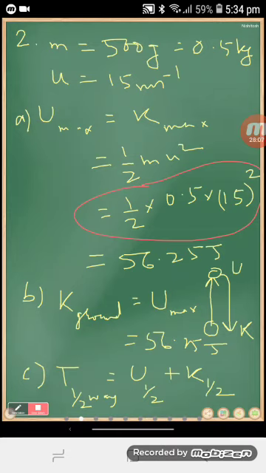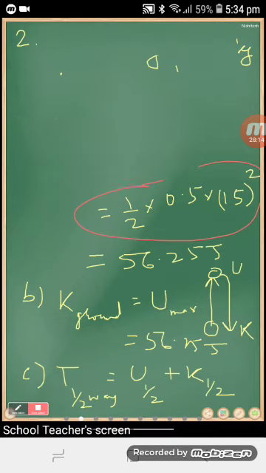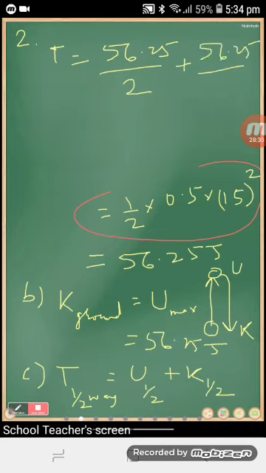So U half and K half means that T will be equal to 56.25 upon 2 plus K half, which will be again 56.25 upon 2, because halfway, half of the kinetic energy gets converted into potential energy, and half of the potential energy gets converted into kinetic energy.